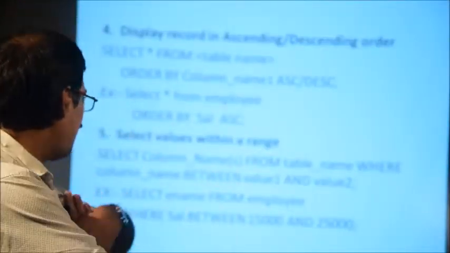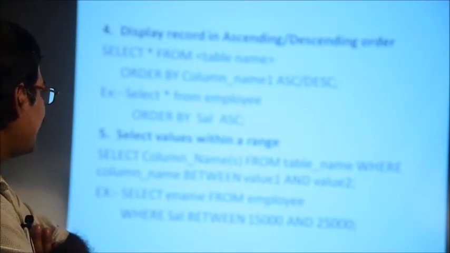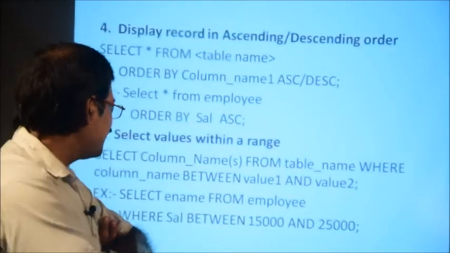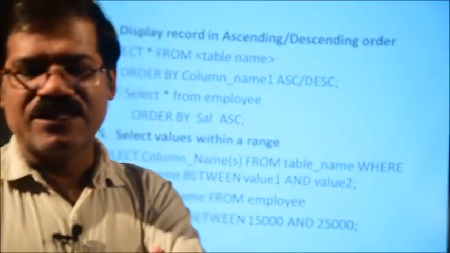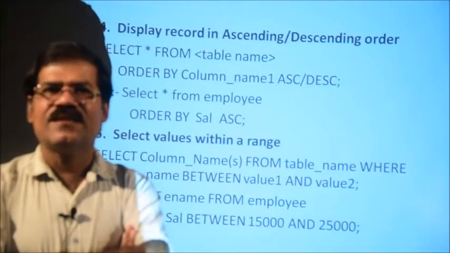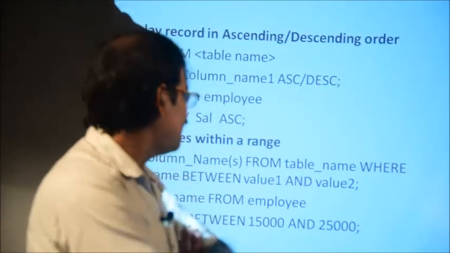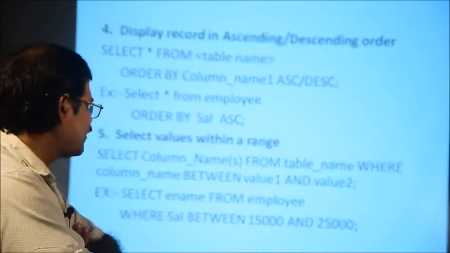For example, select employee name from employee where salary between 15,000 to 25,000. First the condition will be executed. What is the condition? Whose salary is greater than 15,000 and less than 25,000, between 15 and 25,000.